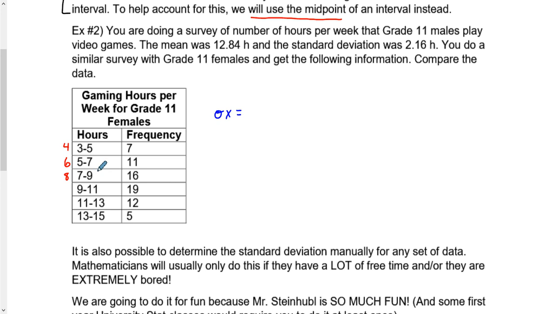We're going to put 8, frequency of 16. 10, frequency of 19. 12, frequency of 12. And 14, frequency of 5. So I have to make sure I go down one more time, make sure I have completely clear. So my x7 is blank.